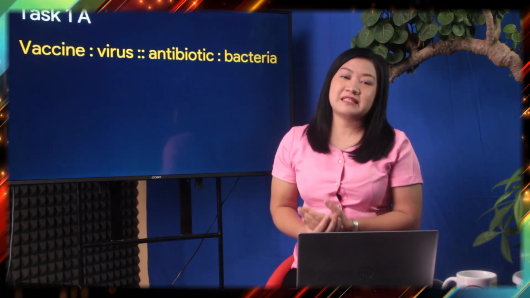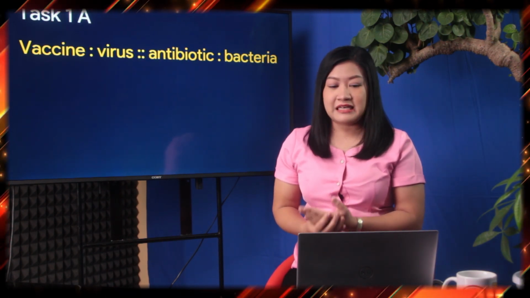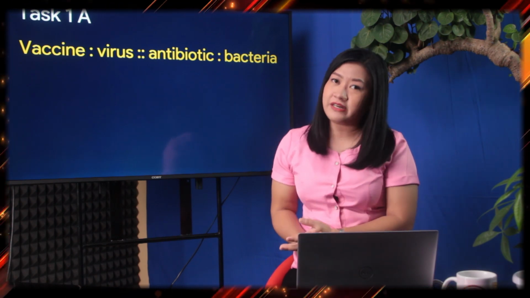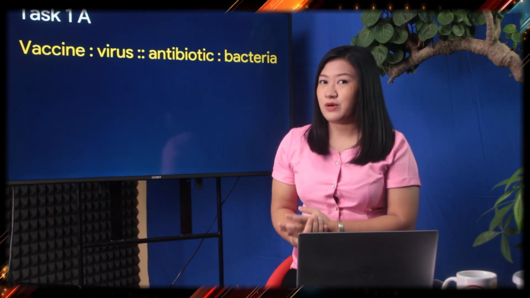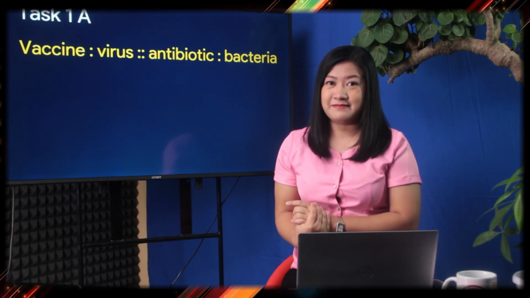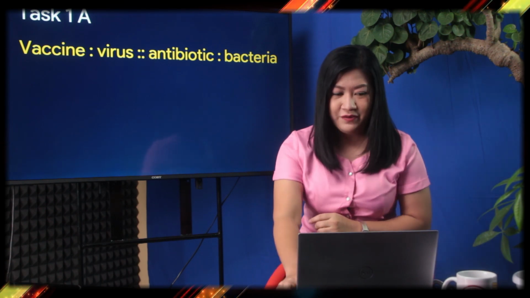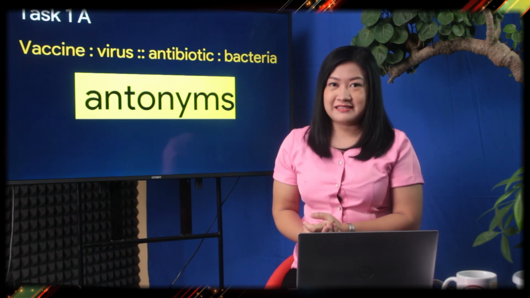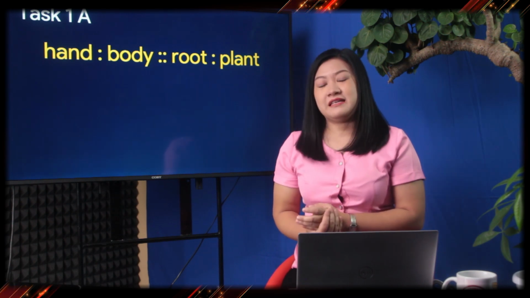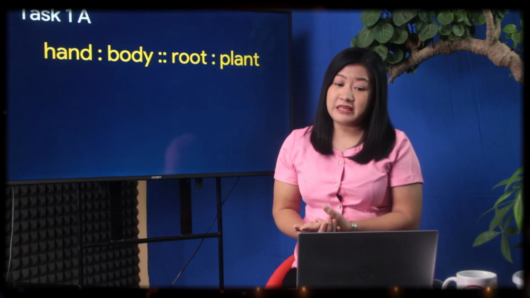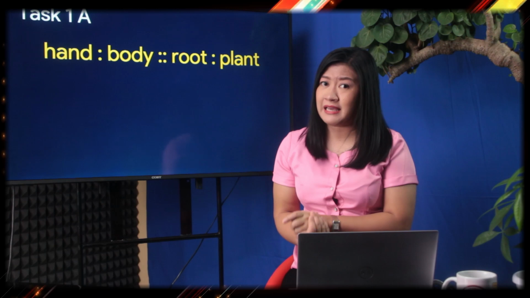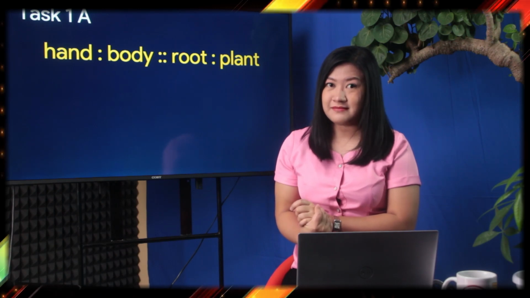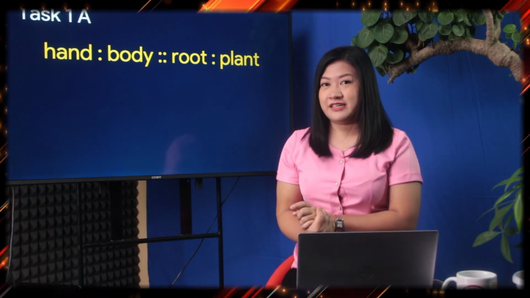Okay? Next question. Vaccine is to virus as antibiotic is to bacteria. What do you think is the answer? If you answered antonyms, you are correct. Next, hand is to body as root is to plant. What do you think is the answer?